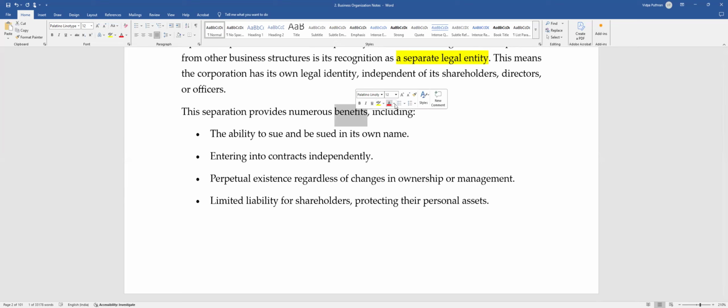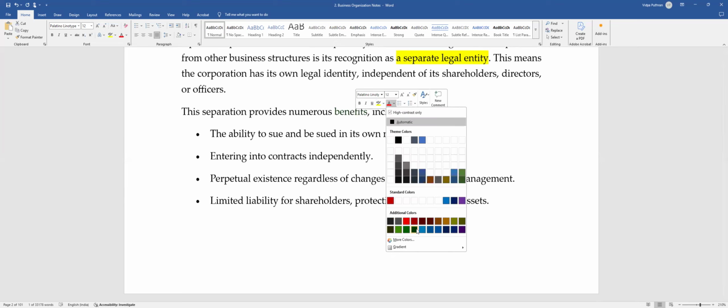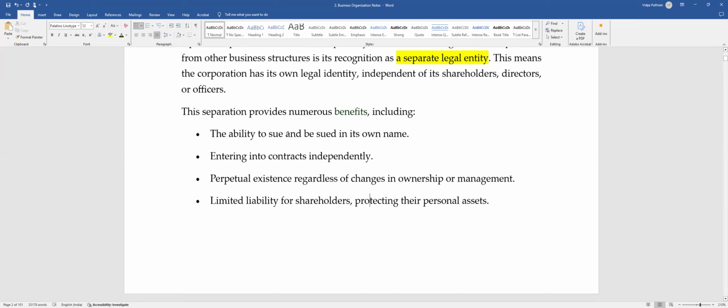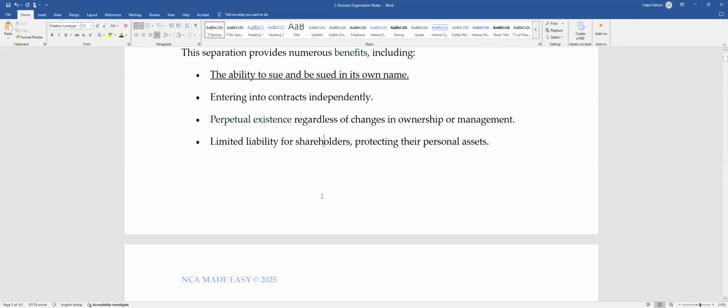Now, what are the benefits? Benefits include the ability to sue and be sued in its own name. This is something we learned in elementary school, it seems, right? Then entering into contracts independently, very basic, and perpetual existence. Now this one is kind of important, because it is the reason many choose a corporation: perpetual existence regardless of changes in ownership or management.